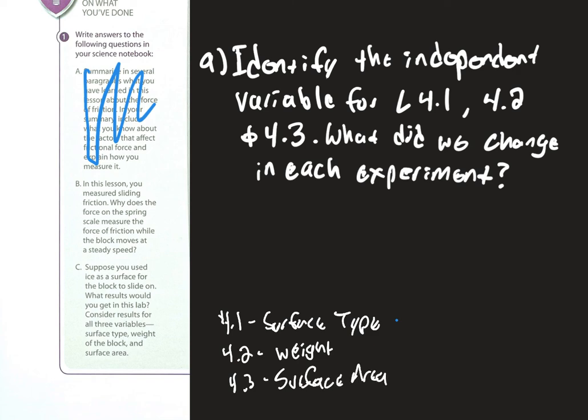So take a moment, pause the video, and think about how, if we had ice as a surface to test on, each of these would have been affected, or how the force of friction would have changed if we were on ice.